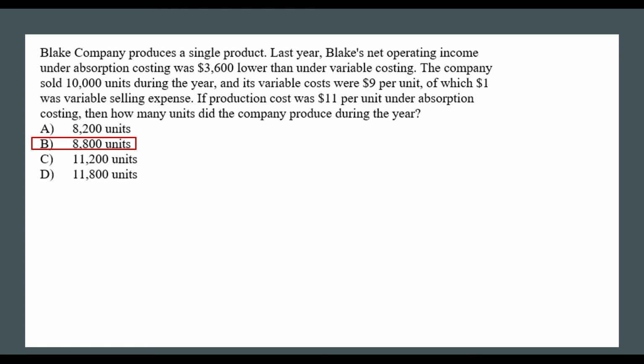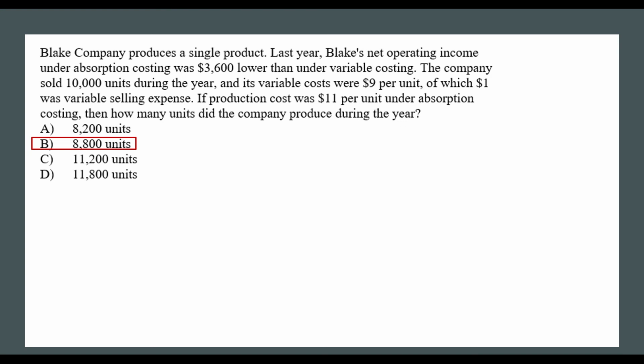However, since we sold more units, the fixed manufacturing overhead cost under absorption costing that is in the beginning inventory is now expensed under cost of goods sold. That is why we have a higher cost under absorption costing, making the net operating income under absorption costing lower than your variable costing.